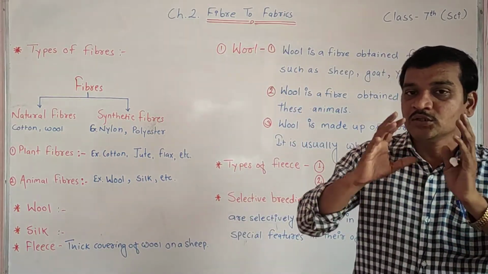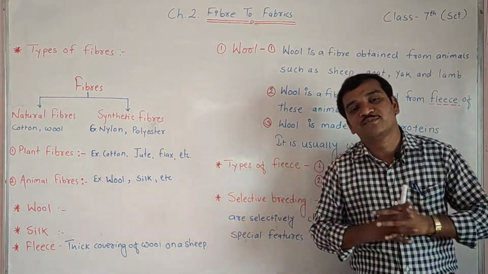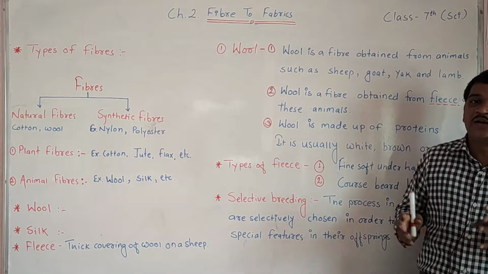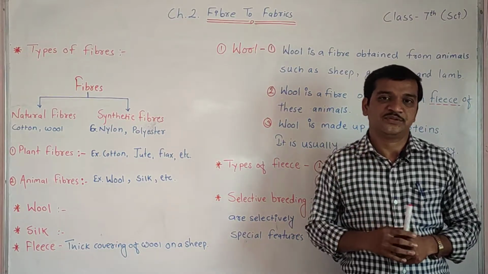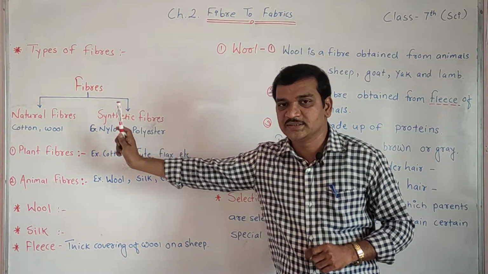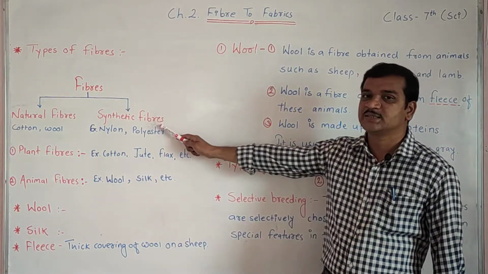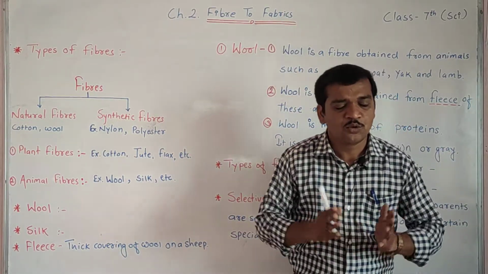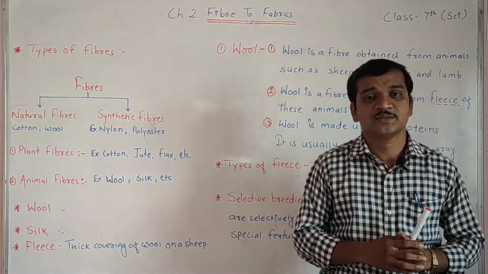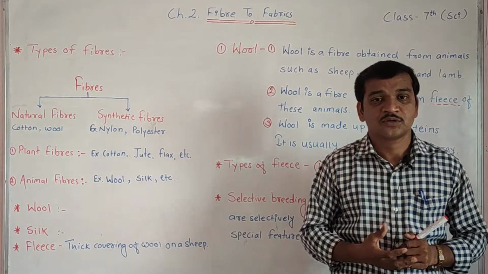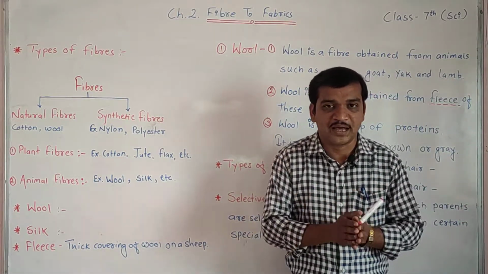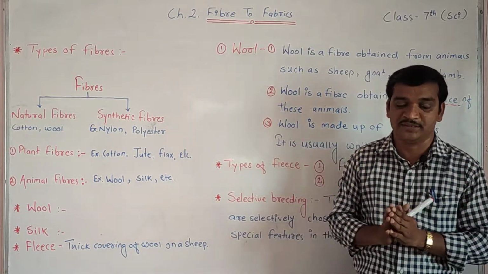Then what are the types of fibers? Actually there are two types of fibers, students. First one, natural fibers, and second one, synthetic fibers. Now what is meant by natural fibers? Natural fibers means fibers obtained from natural sources like plants and animals.